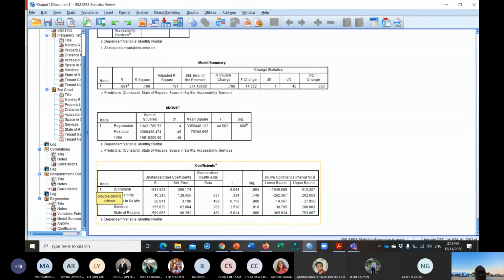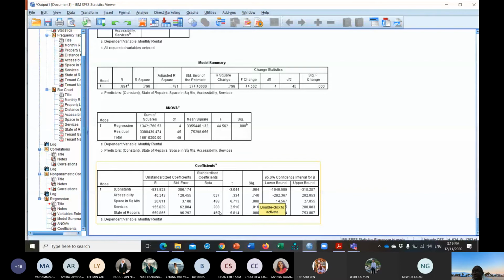And when we look at the state of repairs, the coefficient is 0.469. All of them, except accessibility, become insignificant in a joint contribution.